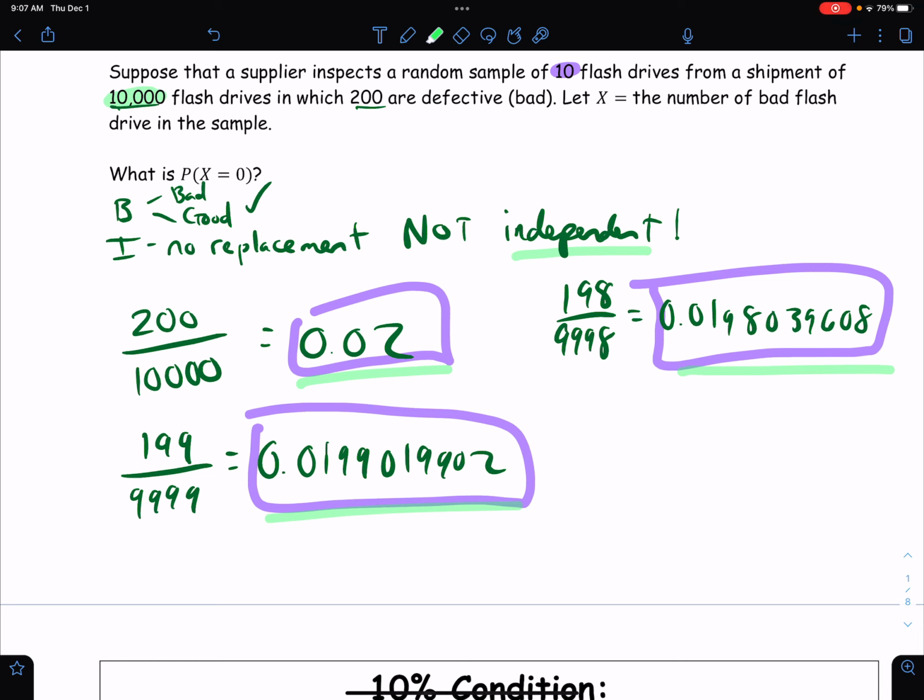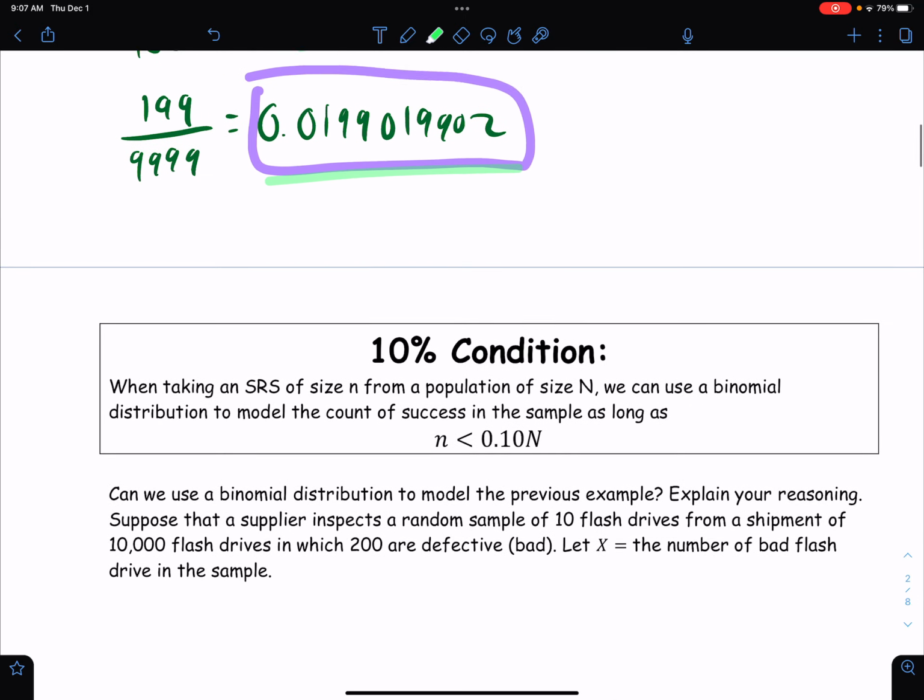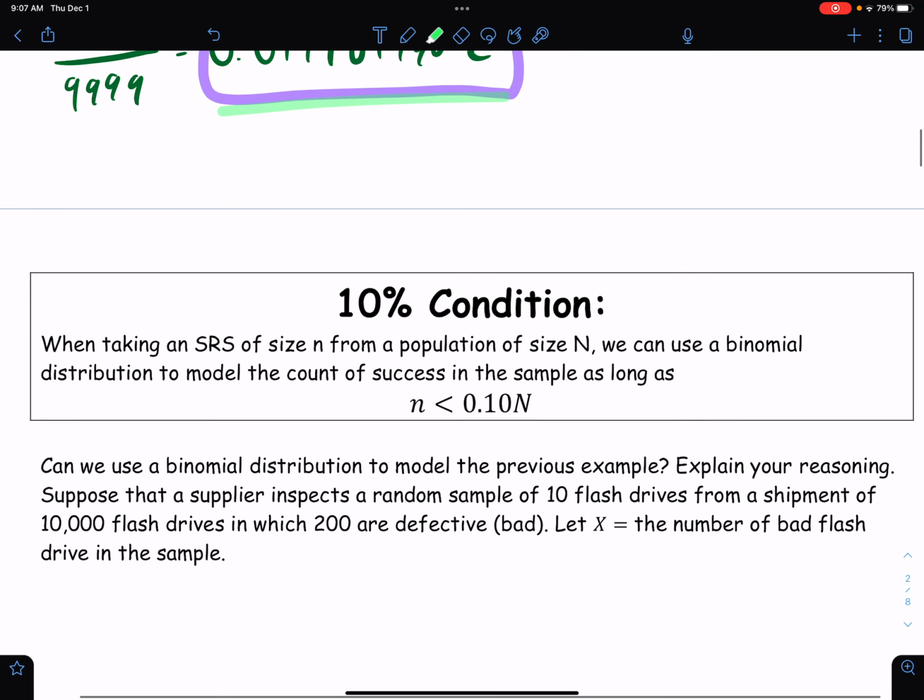We can still have a rough estimation, and it's going to be accurate. So that is exactly what the 10% condition is. It lets us bypass independence if we have a large enough population compared to our sample size.